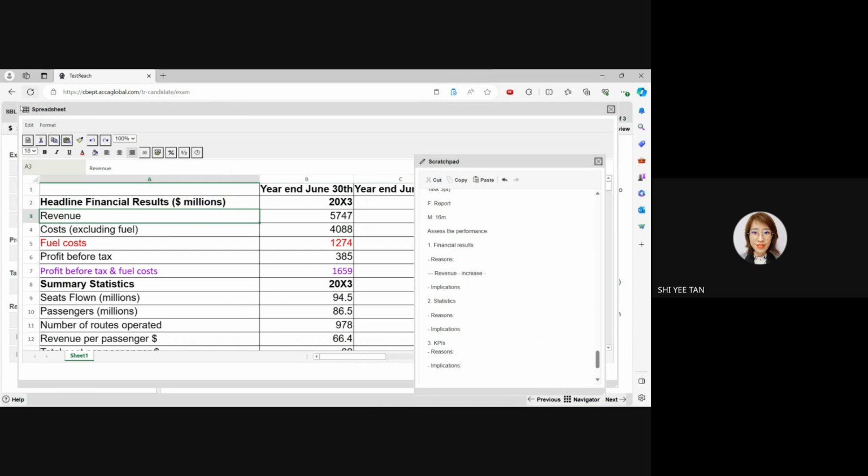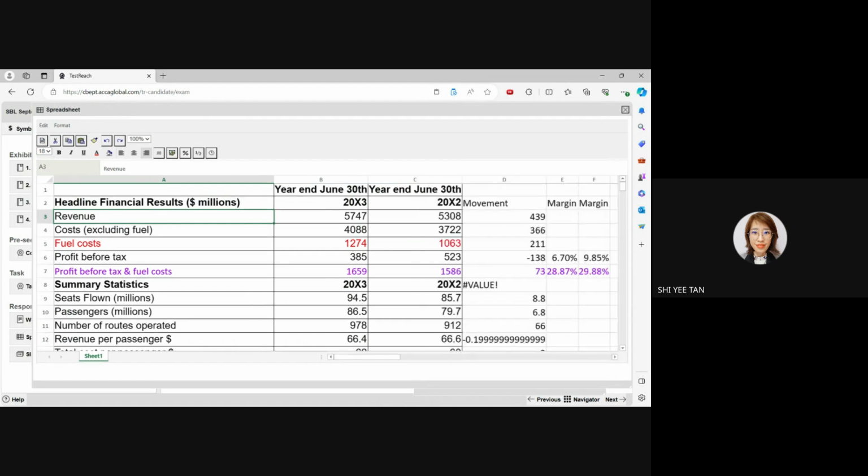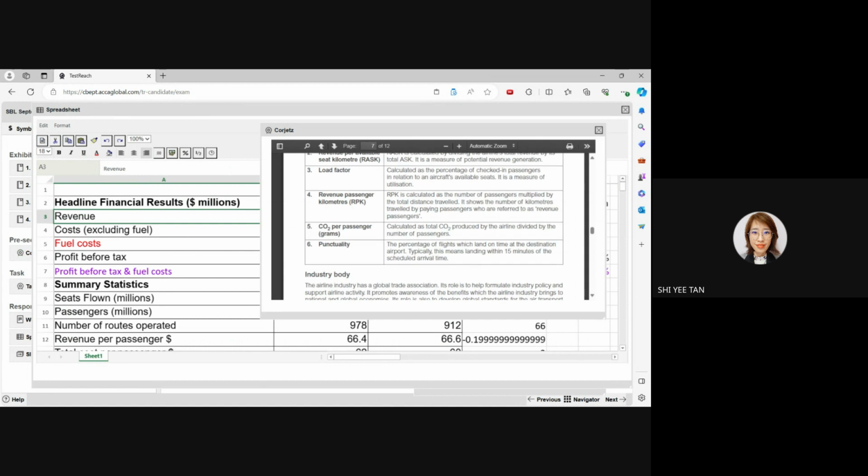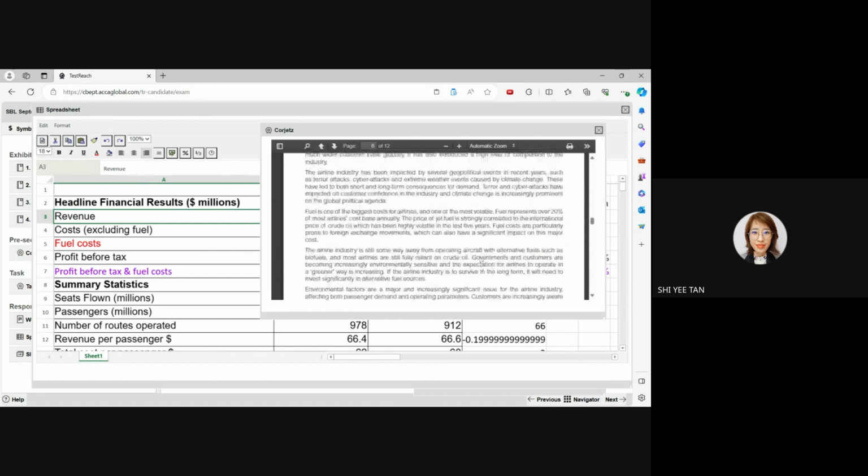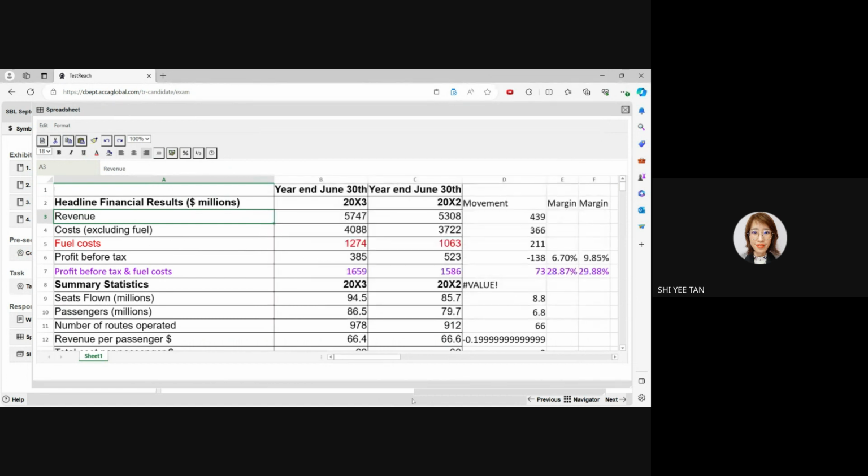So you can make use of information in your pre-seen, information in your earlier exhibit. Pre-seen highlight is another part. I think because of customer demand and so on, you can make use of all this information.